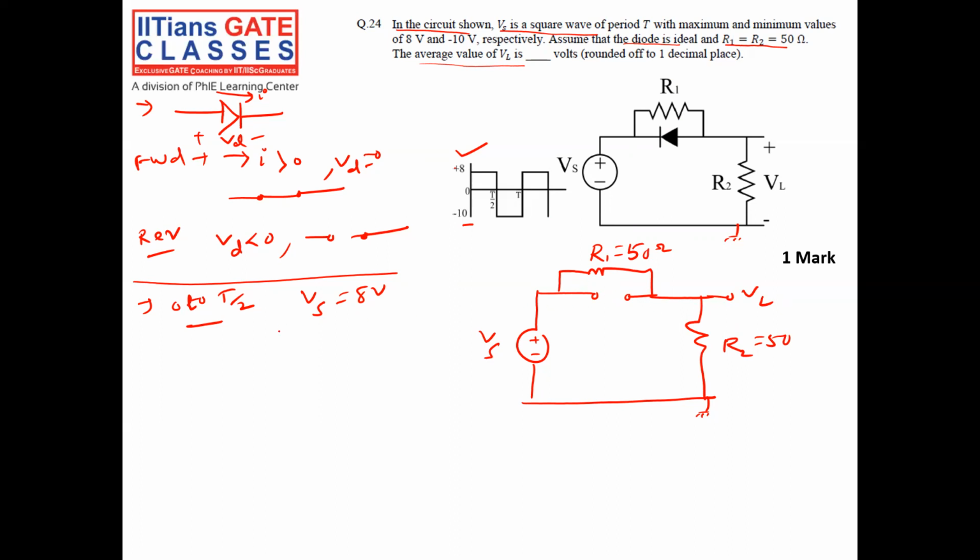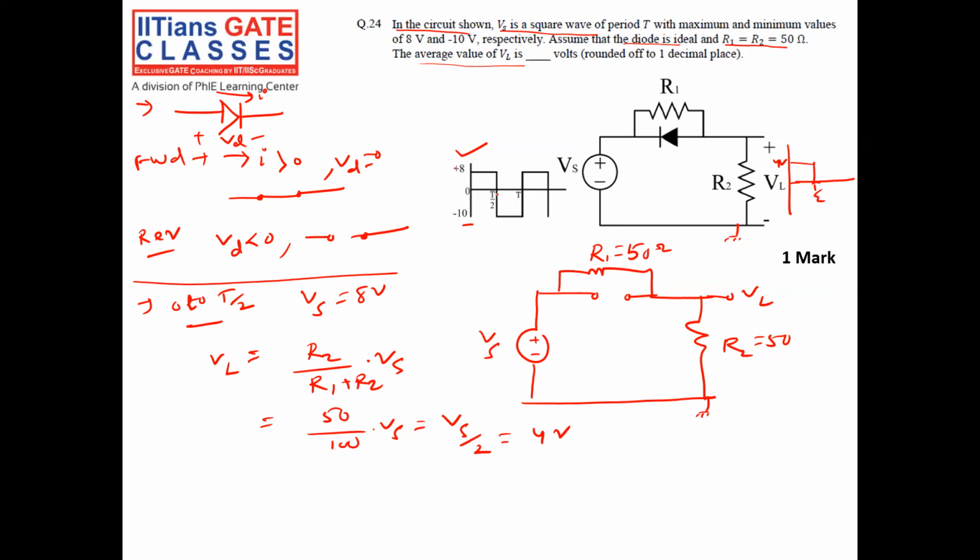The output VL is equal to R2 by R1 plus R2 into Vs, which is 50 by 100 into Vs, equal to Vs by 2, 8 by 2, which is 4 volt. So from 0 to T by 2, I get 4 volt at the output, up to T by 2.